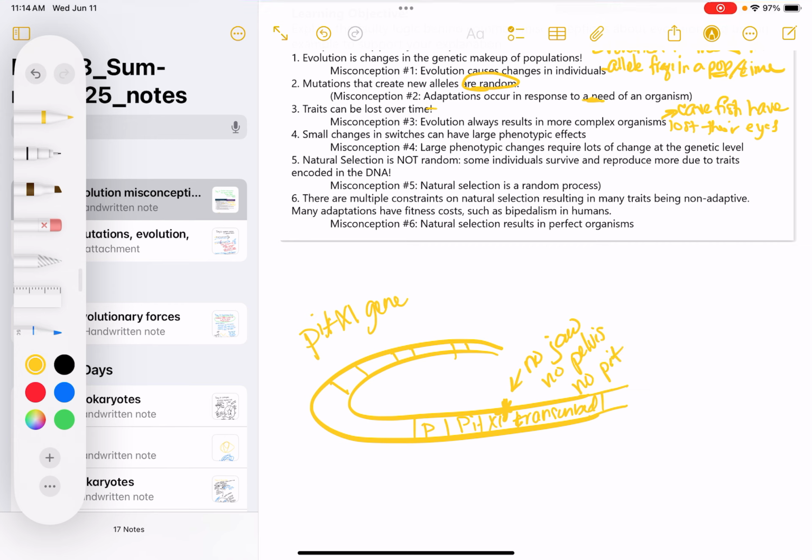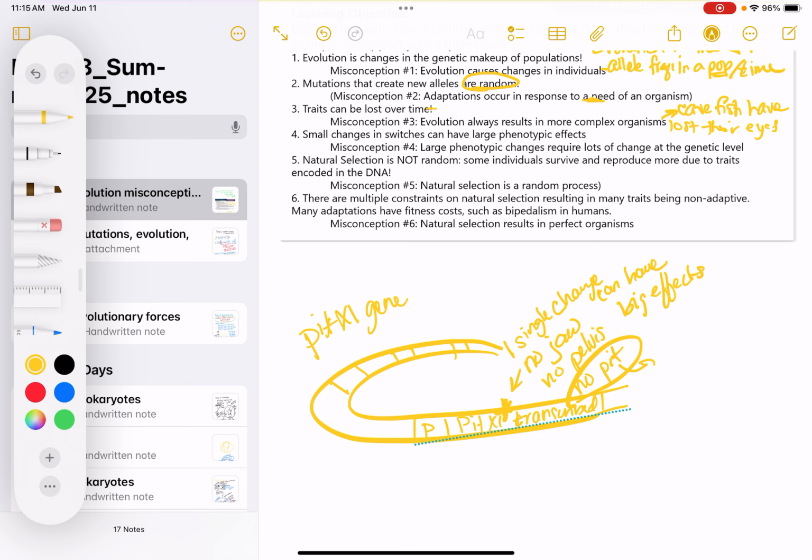And if we don't have, especially this one, then we can't have anything else forming, right? So just one single change can have big effects. Some people think that we need really big changes, lots and lots of changes at the genetic level to have a large phenotypic change, but that's actually not true, especially when a single gene might have a role in lots of different things, okay?